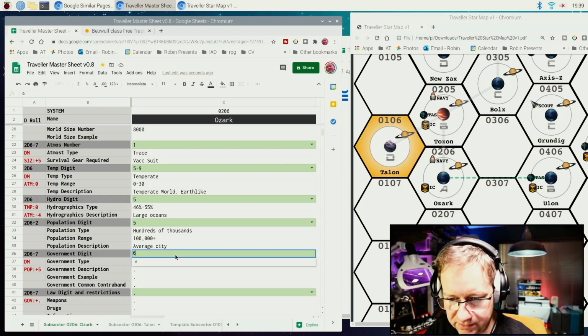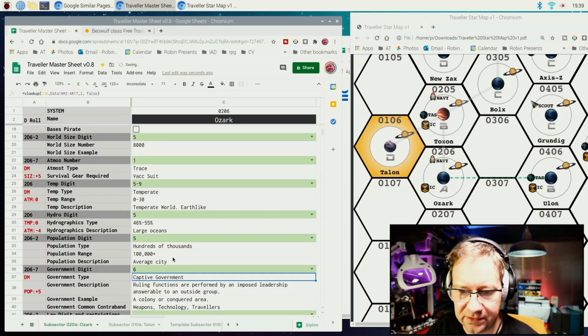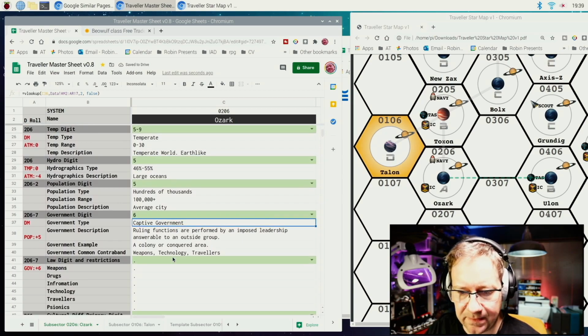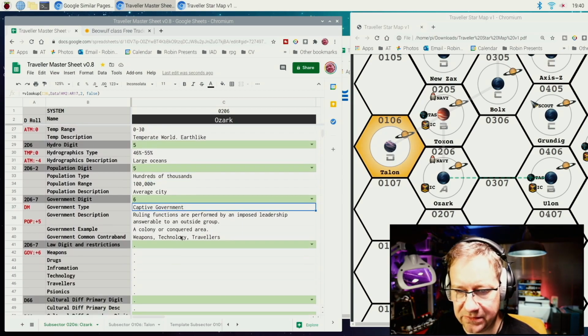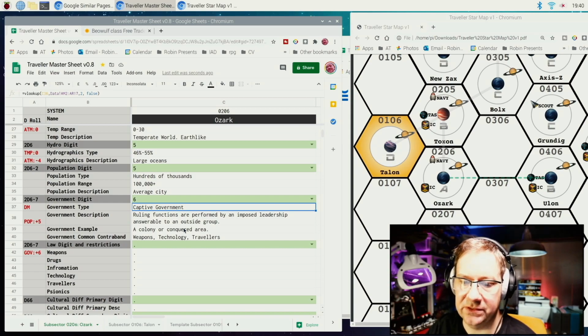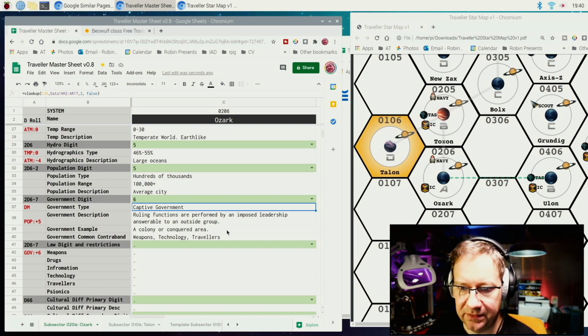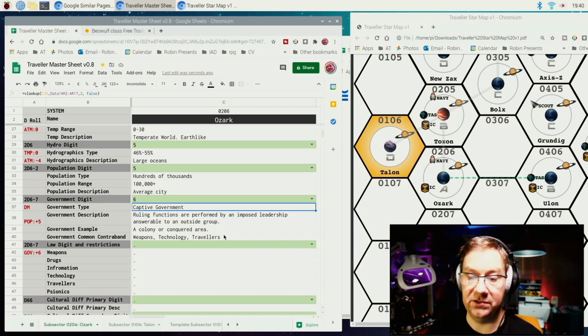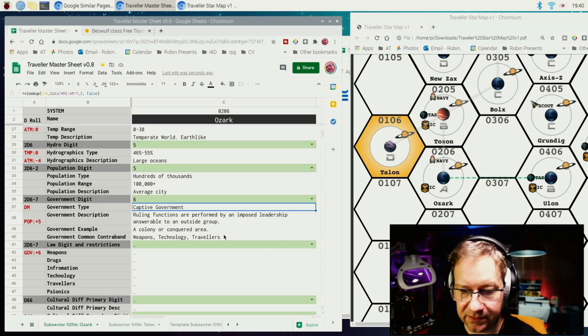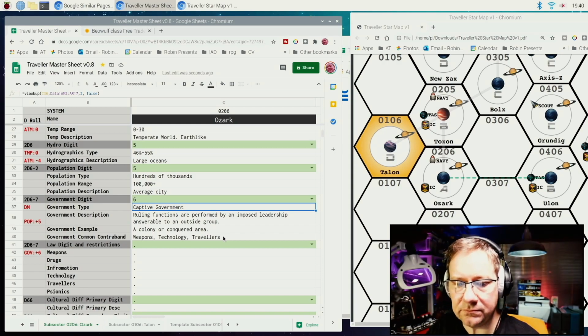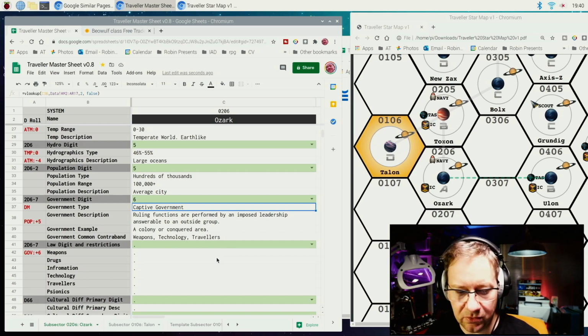I did do this spreadsheet, I should know that I could just type 6. So interesting. Captive government: ruling factions are performed by an imposed leadership answerable to an outside group. So basically someone's moved in here and put the people under the cosh somehow. So that is interesting. Let's have a look how that law applies then.